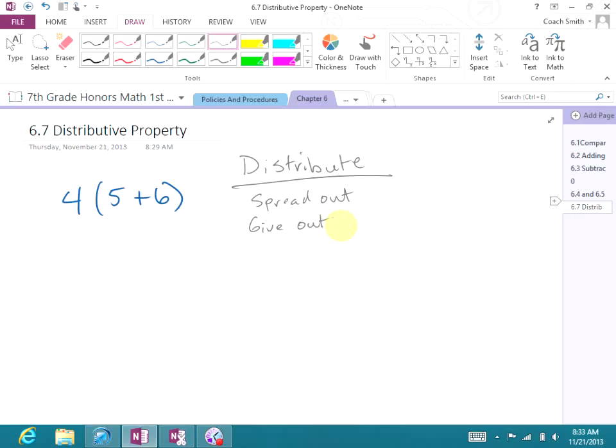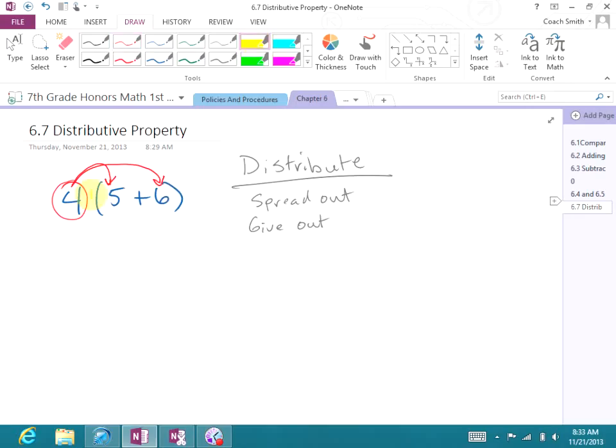So when we talk about the distributive property, what we're talking about is taking the number outside the parentheses and distributing it or spreading it out, giving it out to the numbers inside the parentheses.